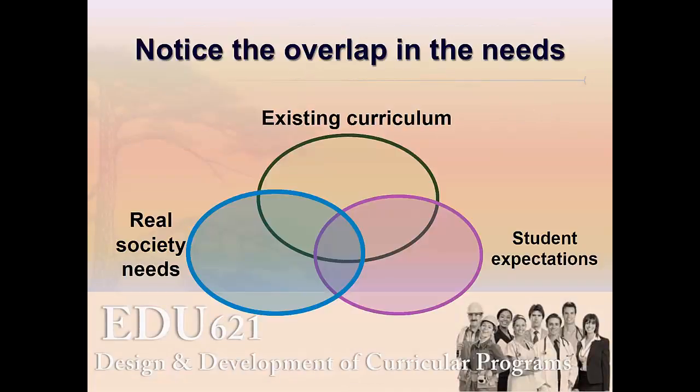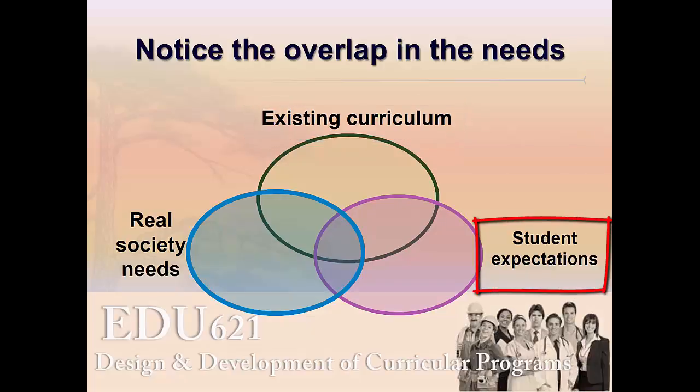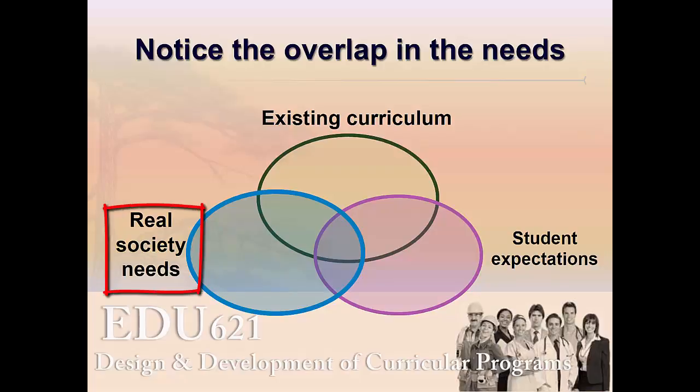Now, if we take a look at this in a pictorial manner, we have the existing curriculum, that's in green here. We have what the students are expecting to have in the curriculum, and in this instance I have put that in the pinkish purple. And then we have real society needs in the blue.